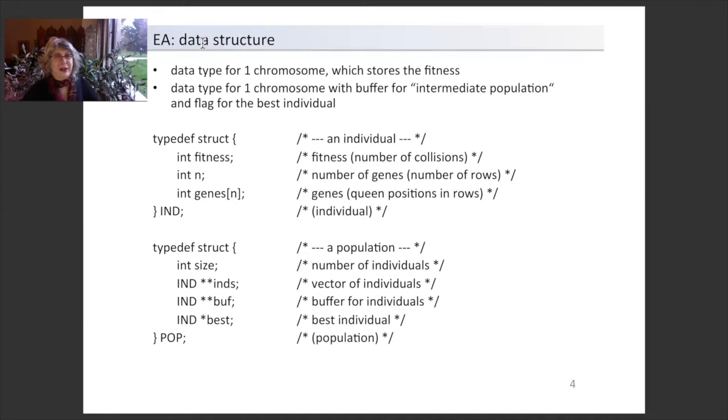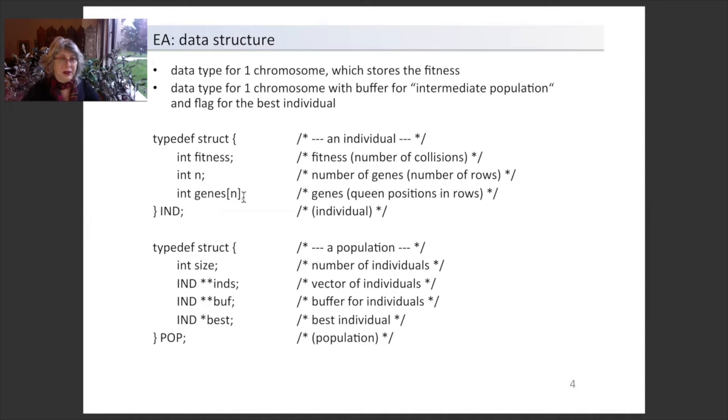As the data structure that we are going to use in the algorithm, we have a structure for the individuals which has an integer fitness value. This corresponds to the number of collisions with the other queens. Integer n is the number of genes, that is, the number of rows in the chromosome.